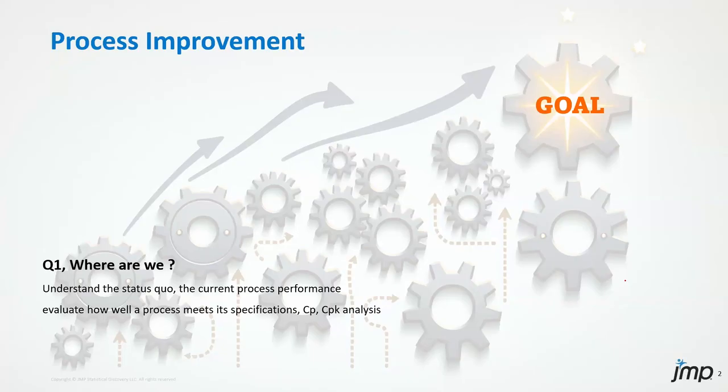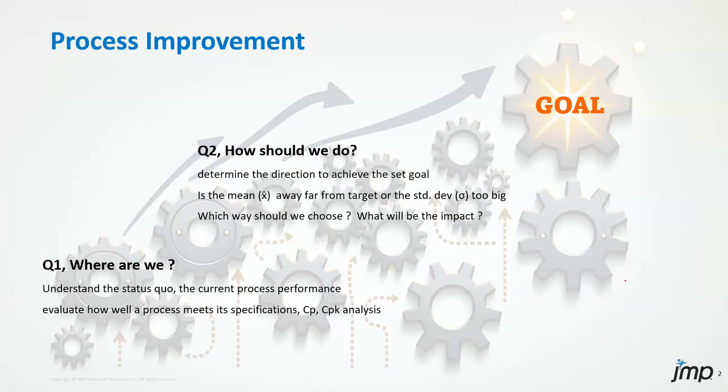The second question that comes in is how, right? Only when you know how will it be easy to progress effectively. If you don't know the direction to achieve your goal, whatever your effort will be wasted. So understanding how you should do it is crucial in order to achieve your goal.